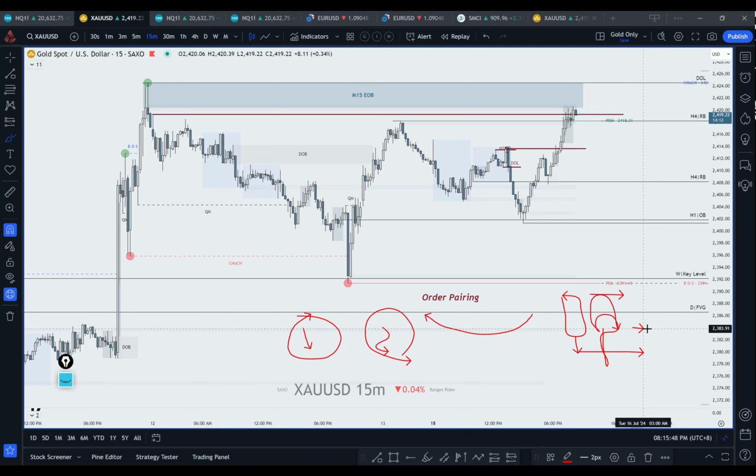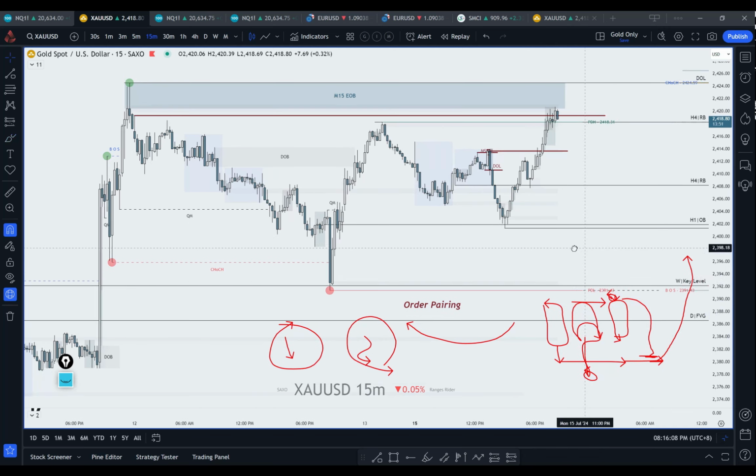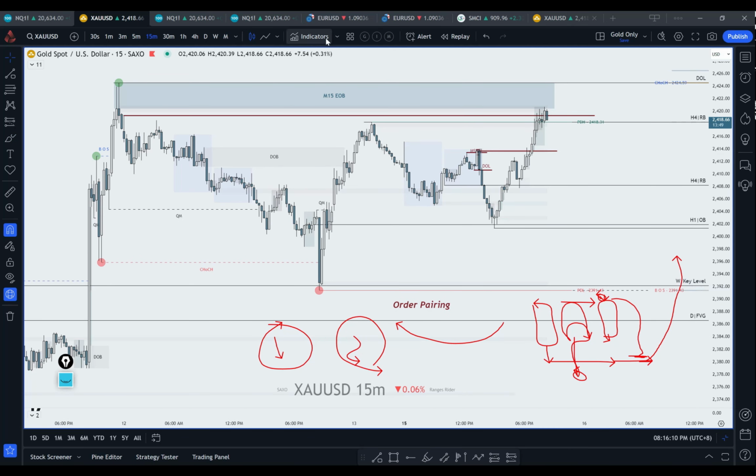If it didn't close, maybe the third or fourth candle closes here. When it closed there, then you look for a long range. I'm not saying enter directly, look for the long range and then try to enter close to this level, and this will be your 5-hour minimum. Okay.